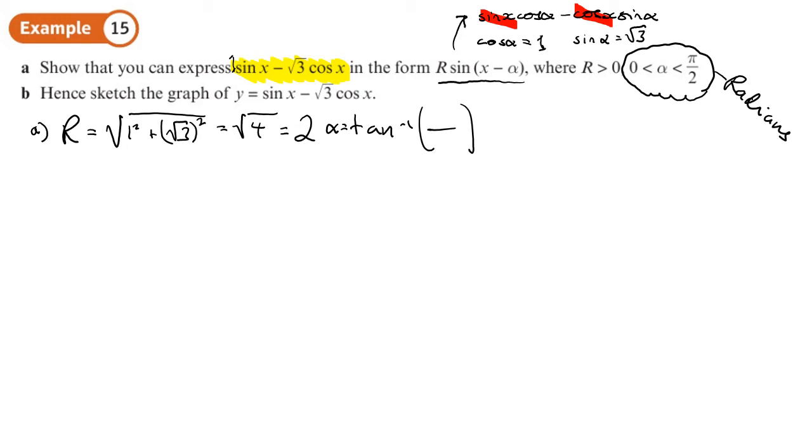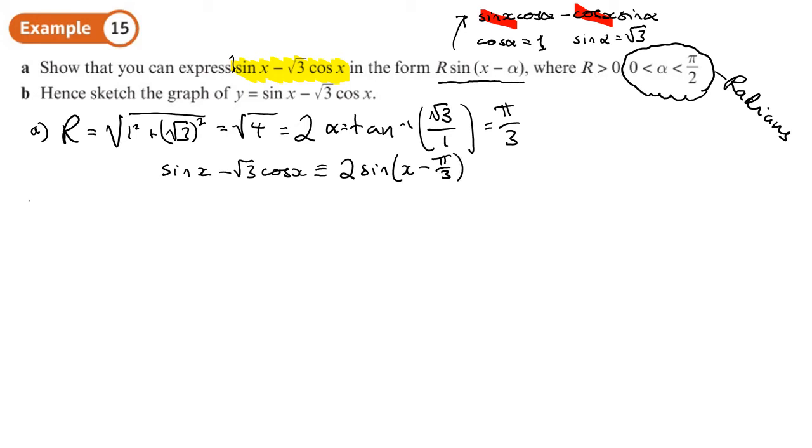So if sin is root 3 and cos is 1, sin over cos, root 3 over 1, the tan inverse of root 3 over 1 is in radians pi over 3. So what does that mean? That means that sin x minus root 3 cos x can be written as 2 sin, x minus pi over 3.